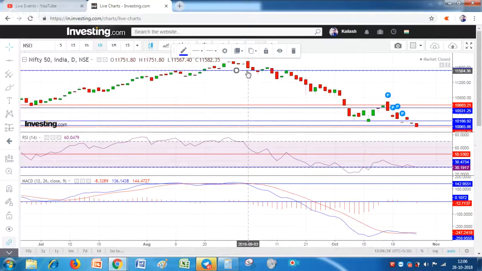But RSI has given a confirmation for the sell entry on this day. What day is this? Yeah, this is the 10th of September, friends. It means after 7 days, after 1 week, it has given us a sell signal.